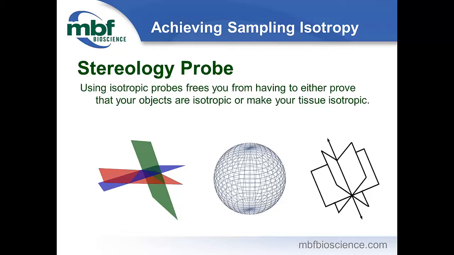Or you can reach isotropy, that randomness in the 3 dimensions, using a combination of those 3 things that we just mentioned. And that's a good transition into the second part of the talk, where we're going to take each morphometric parameter and talk about the probes that we recommend, the easiest and most efficient ones, and how isotropy is achieved and whether you can use thick or thin sections.